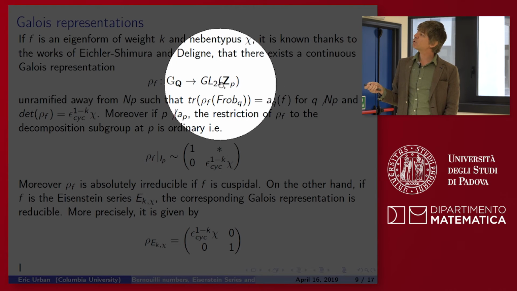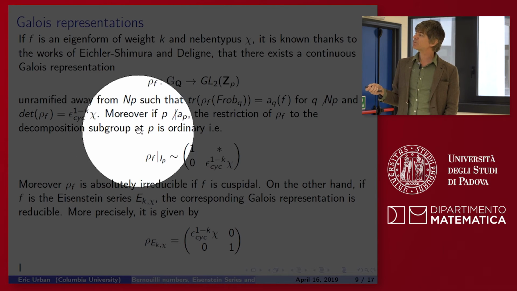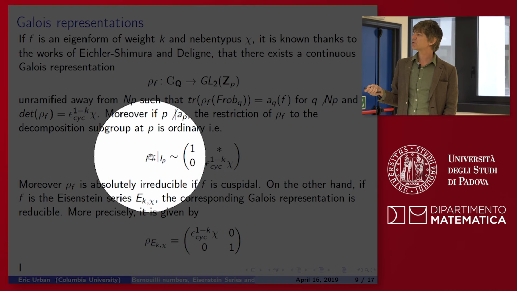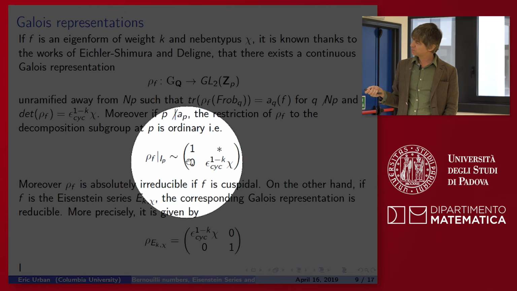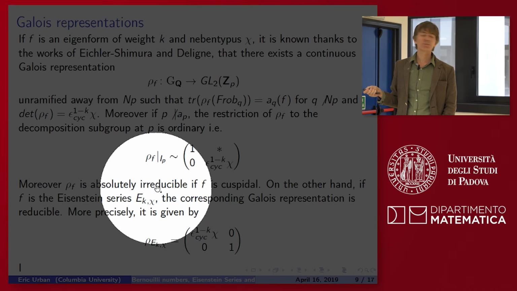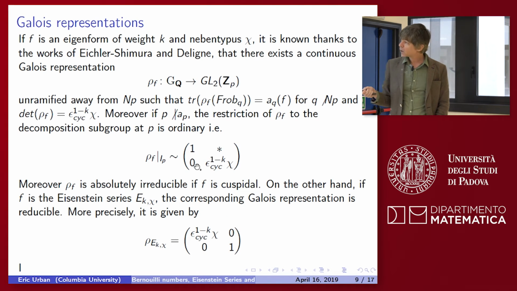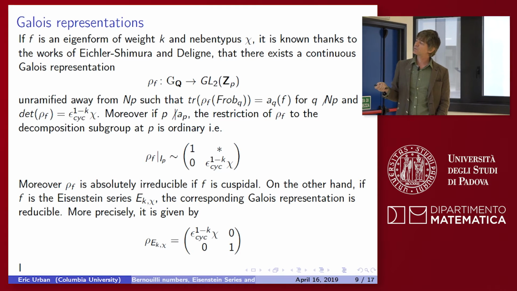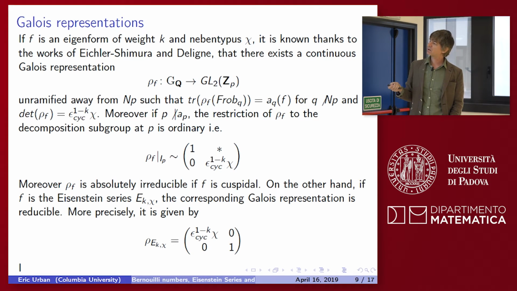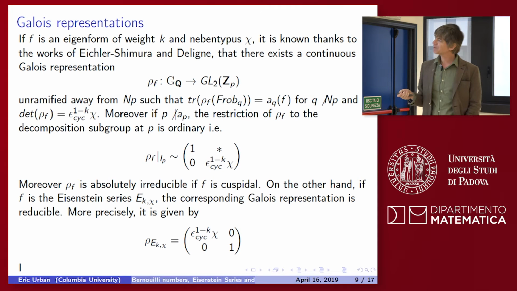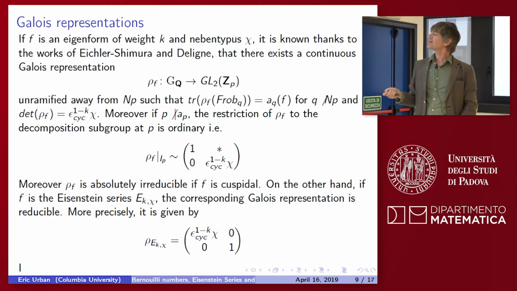And so one of the properties of this Galois representation is that if p does not divide a_p, then the restriction to the inertia at p has the following shape. I'm not going to describe the inertia subgroup here. It's past half an hour, so anyway.